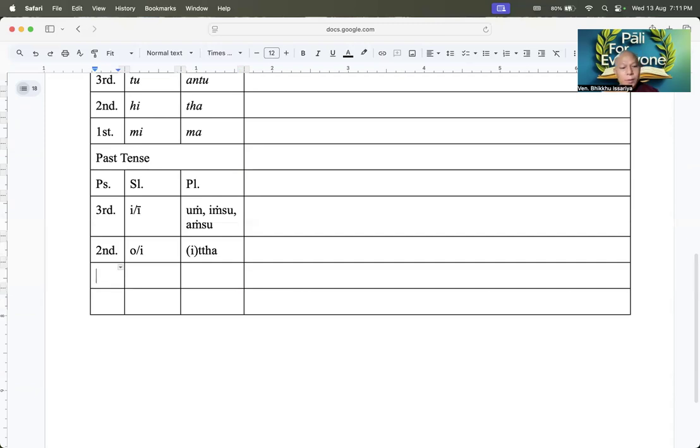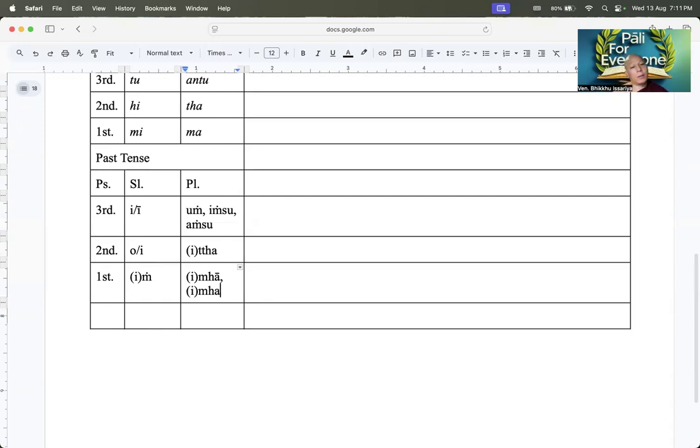And then first person is actually im, but in this way it can be understood. And then here also amha or amha in this way. That is past tense.